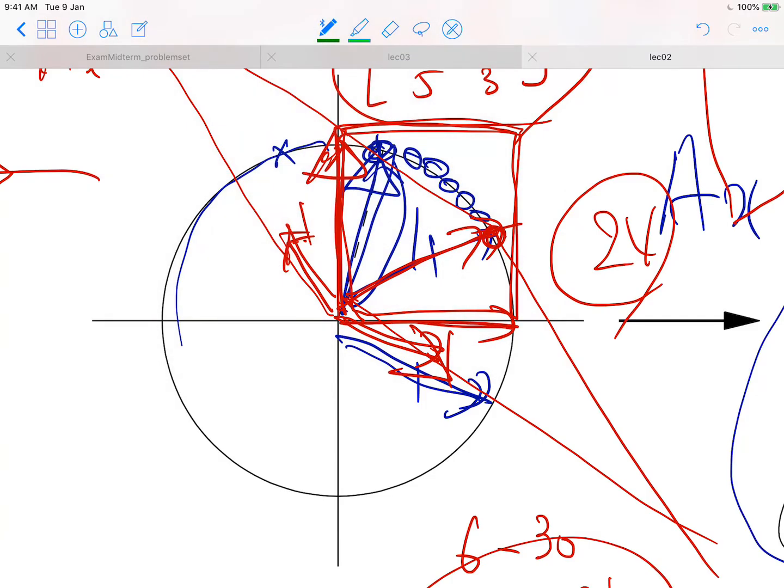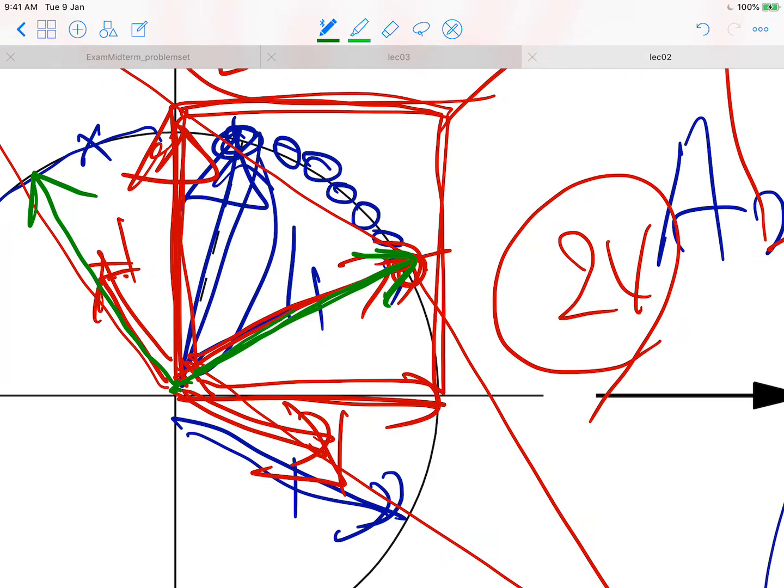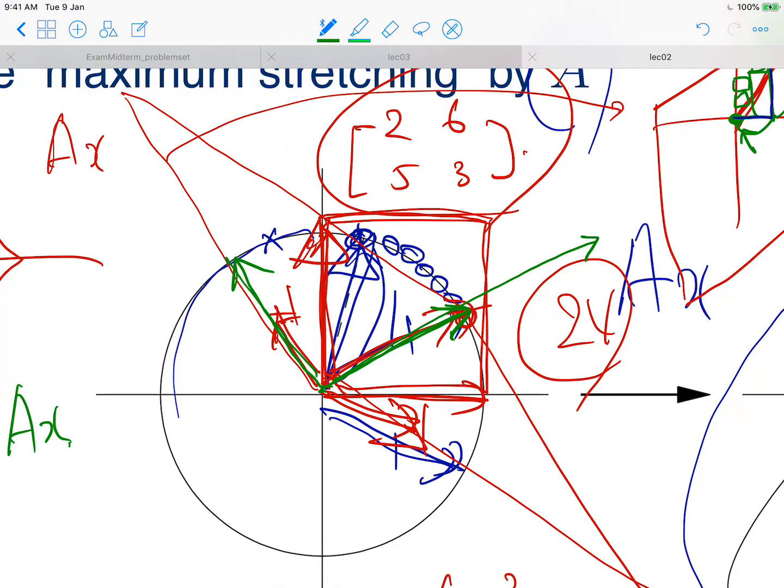Another choice could be a different pair. Suppose that after multiplying with A, this vector changed into the same vector but with twice the length, and this one still has the same direction but a length of, for example, 3. So this one became length 2, and this one became length 3.